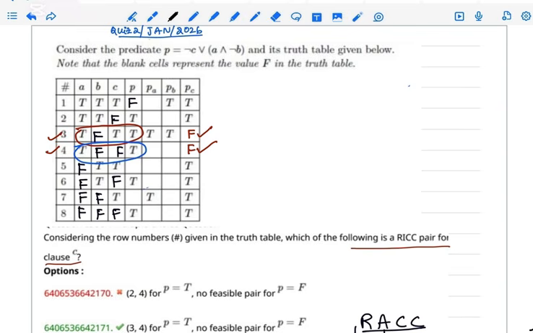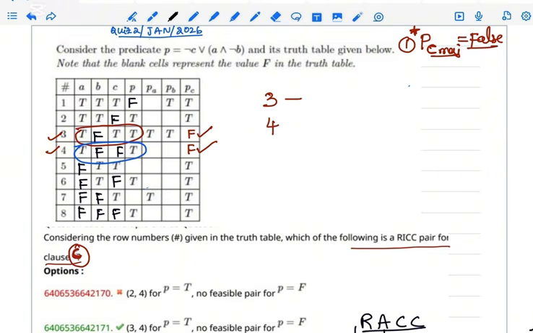In this question, the first condition is predicate P_C. Please consider C as the major clause, not A. So you consider P_C equals false, not A, friends. C is the major clause. Only P_C equal to false gives two conditions, rows 3 and 4.